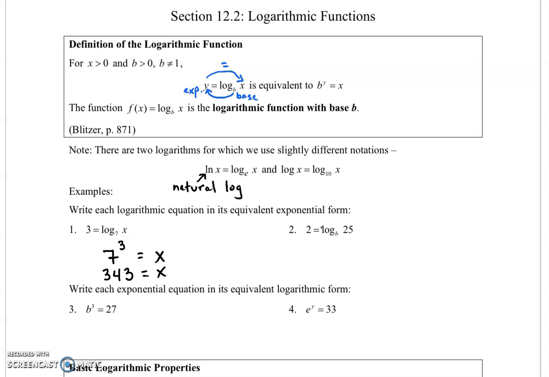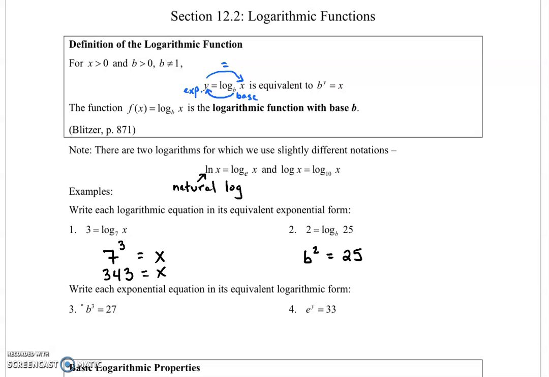So we have 2 equals log base b of 25. That means that b squared equals 25. Now let's practice going back the other direction. So instead of going from a log equation to an exponential equation, we're going to go from an exponential to a log.